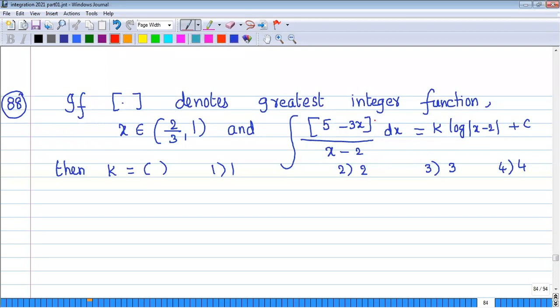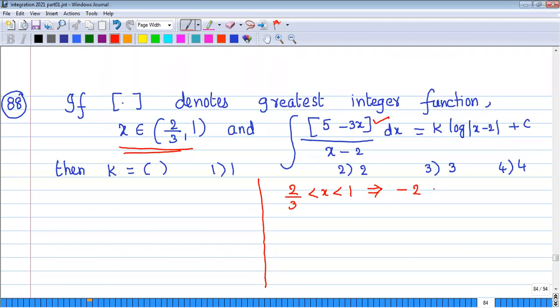First we need to define this integral part of 5 minus 3x. Then easily we can integrate it. For this, let us make use of this interval. x belongs to 2 by 3 comma 1 means 2 by 3 is less than x, x less than 1. Multiply both sides with negative 3.